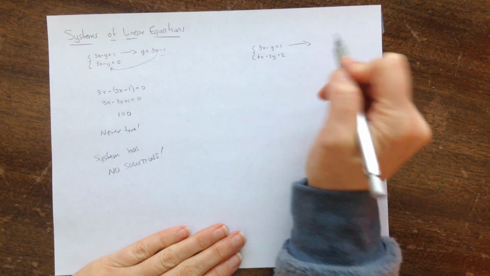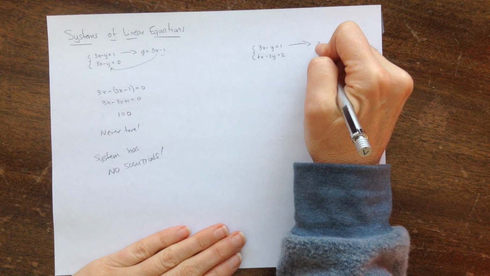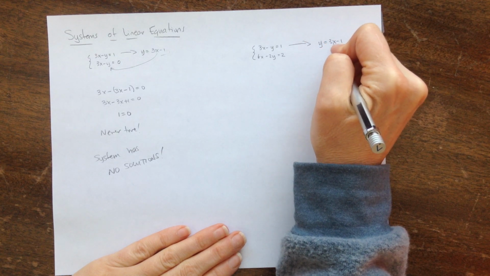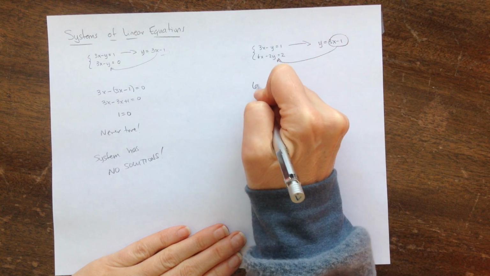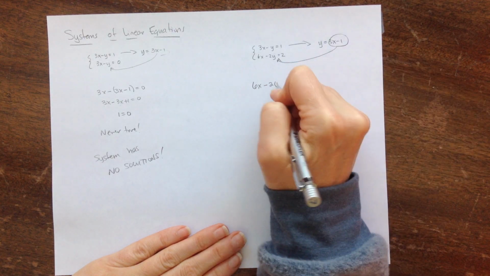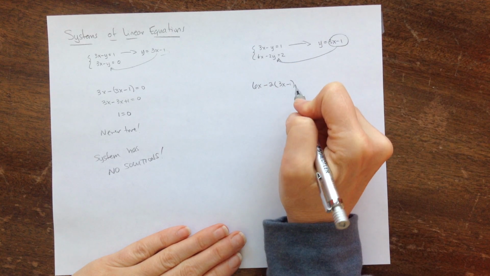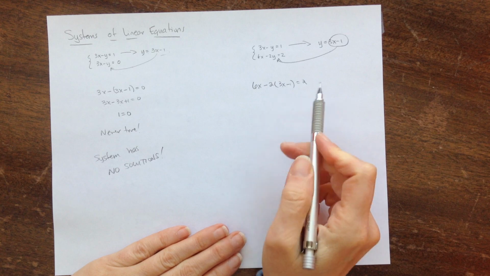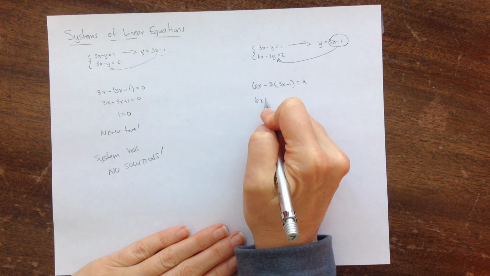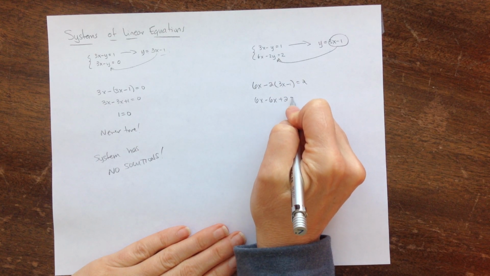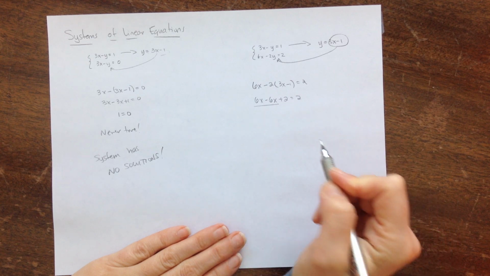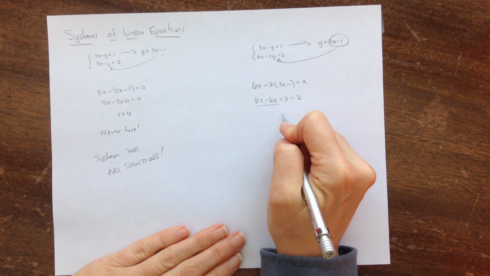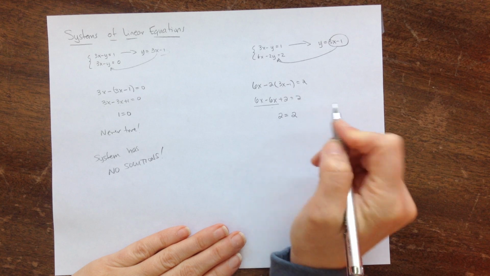Here, if I do the same thing, solve this equation for y, I'm going to get y equals 3x minus 1. Plug this in here for y, you get 6x minus 2 times 3x minus 1 equals 2. And then I'm going to do the distribution. This is 6x minus 6x plus 2. 6x minus 6x is 0, plus 2 is 2, equals 2.